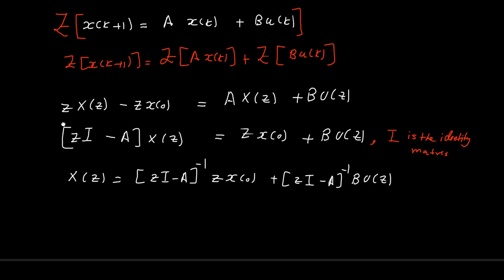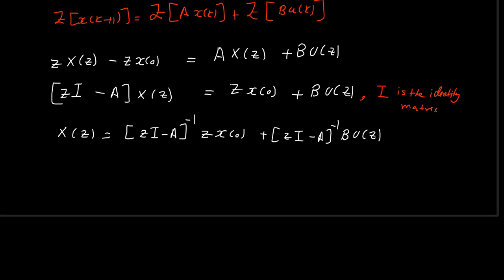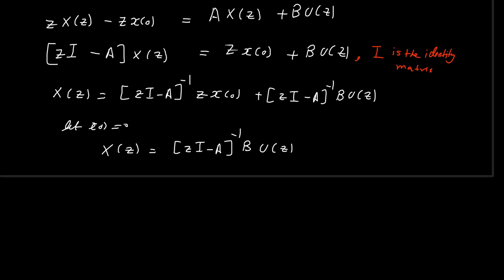Now if you assume that x of 0 is equal to 0, then we have x of z is equal to zI minus A inverse multiplied by B u of z. Now remember, the state variable contains also the output equation.